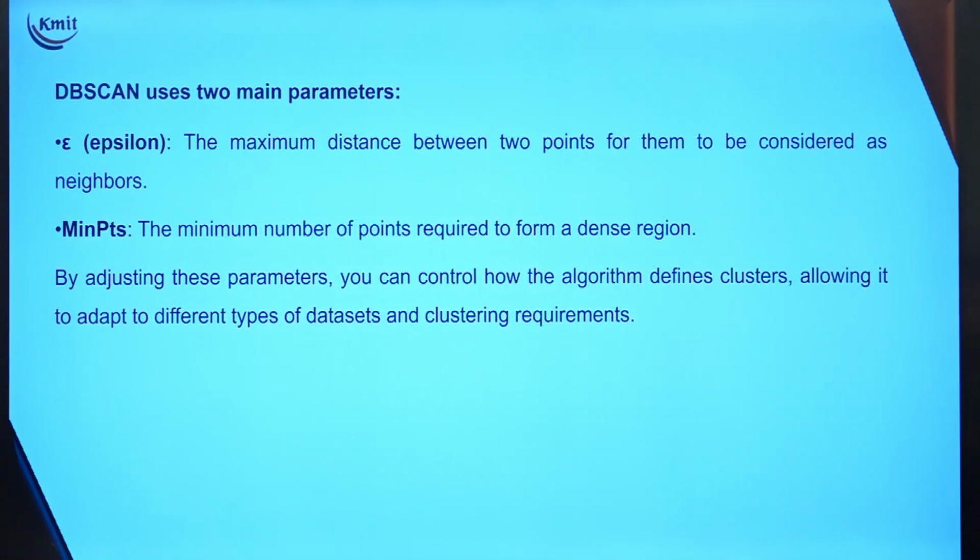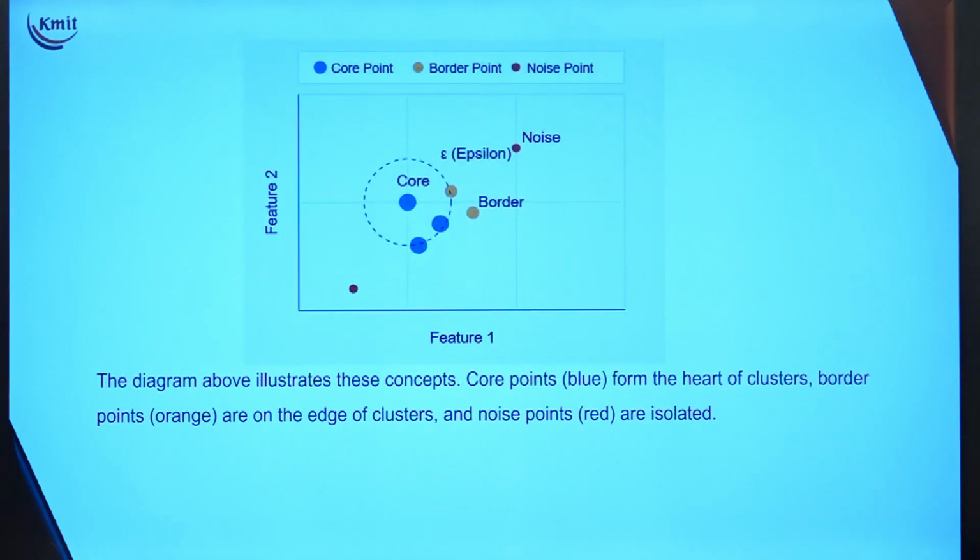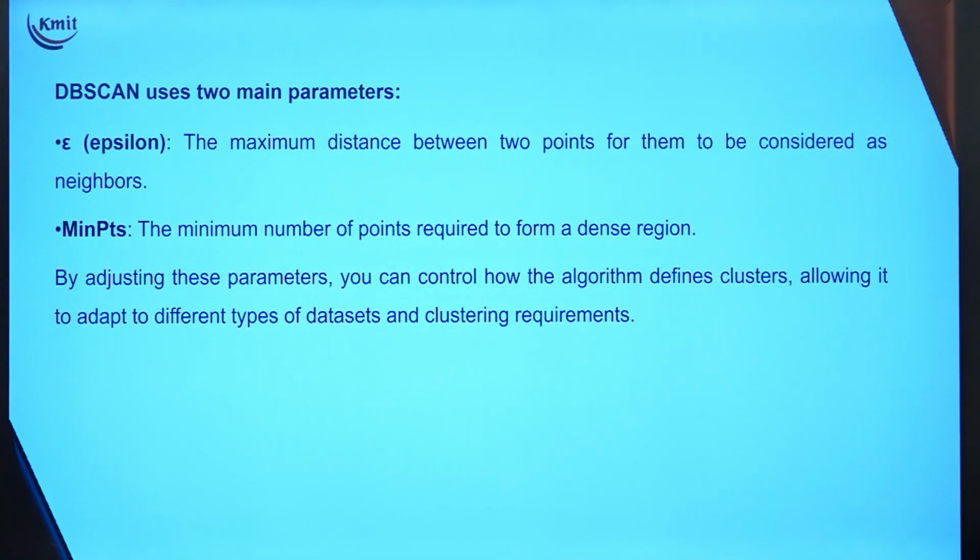As you have seen, to form these core points, border points, and noise points, we require two important things: epsilon and min points. Epsilon is the maximum distance between two points for them to be considered neighbors within a given area for that cluster, and minimum points are the points required to form a dense region.